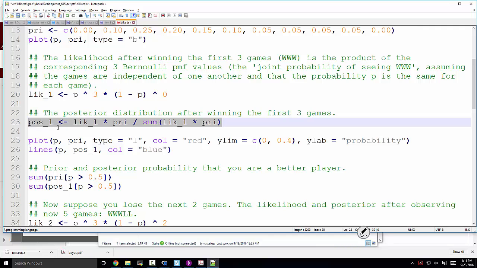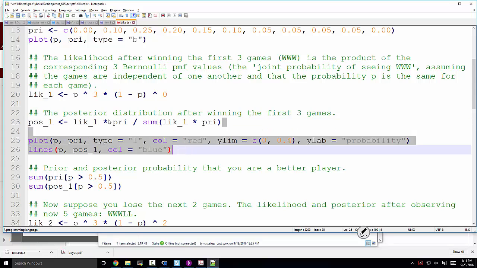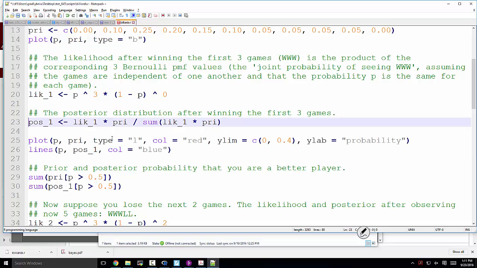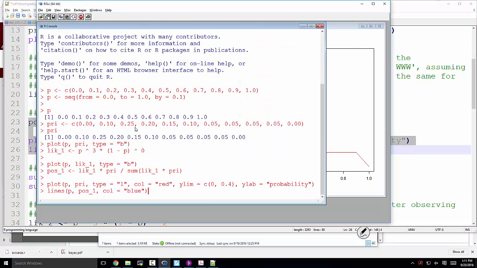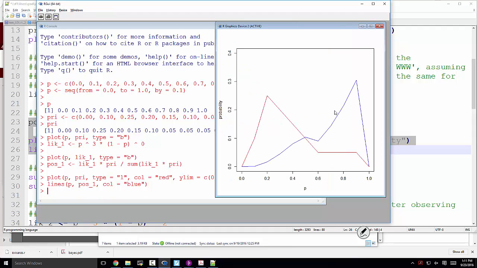So we have a posterior, and now let's make a picture. This picture is going to show us the prior next to the current posterior. We started out with the red. We updated our beliefs based on our awesome performance in the first 3 games, and now we're feeling pretty confident.